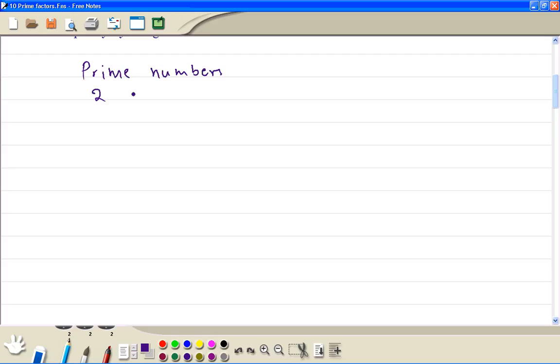Now 2 is a prime number. Why is it a prime number? Because we can write 2 as 1 times 2. So we got a factor 1 and the factor itself, nothing else.